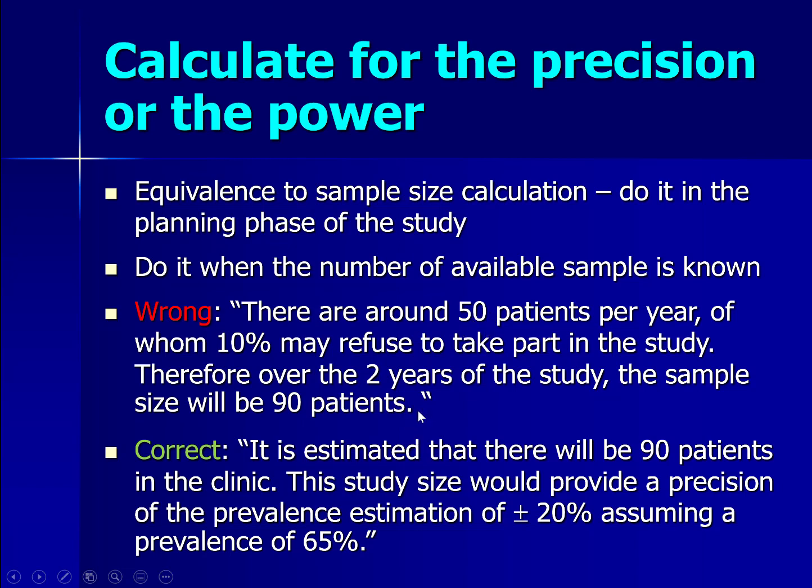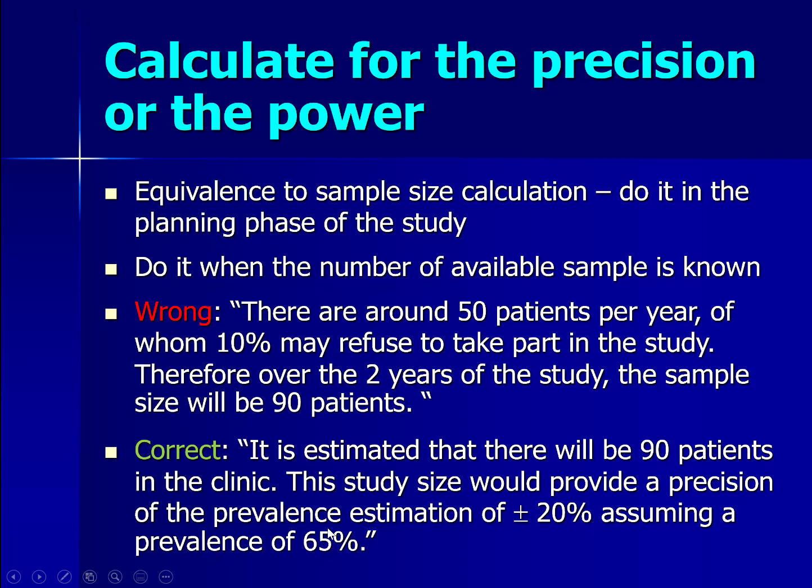In this case, you really need to say something like this. This is the correct way. It is estimated that there will be 90 patients in the clinic. This study site would provide a precision of the prevalence estimation of plus or minus 20%, assuming the prevalence of this.